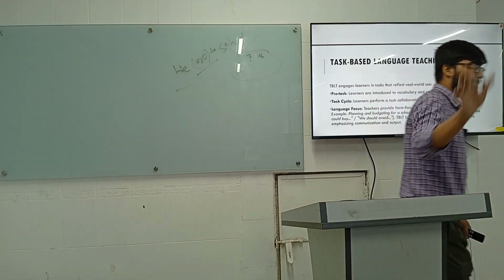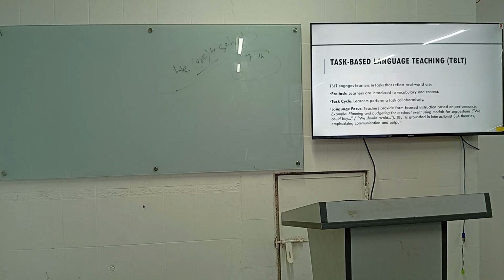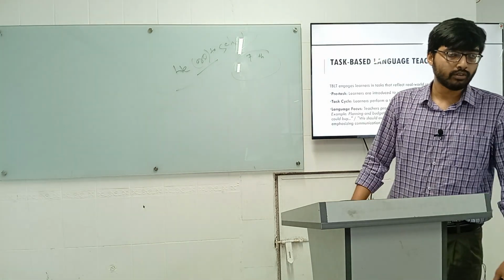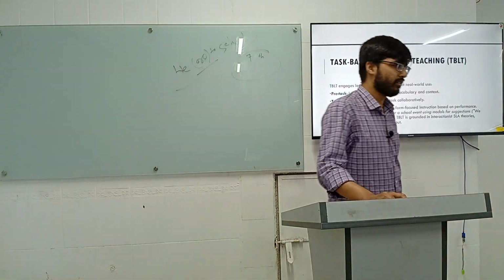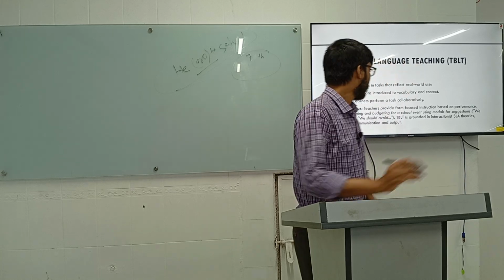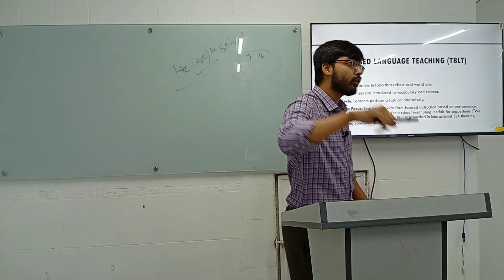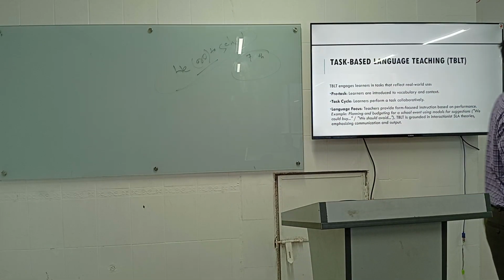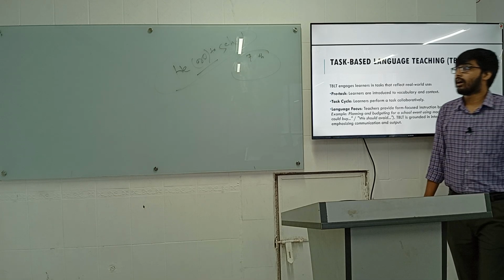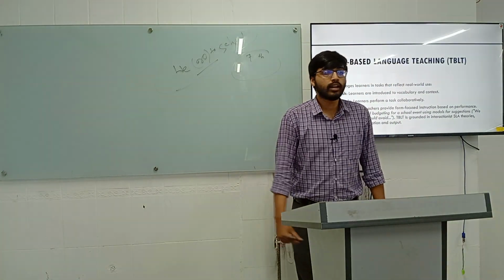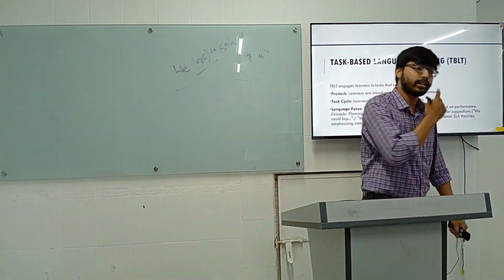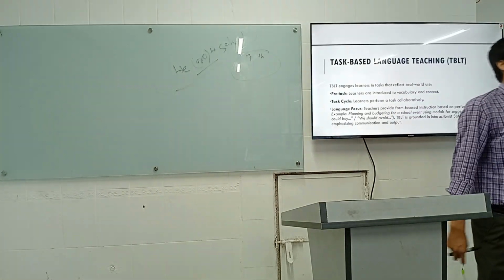if I want my students to learn how to write a meeting minute or order letter, then pre-task. Before doing any task, I would suggest my students, you have to learn these vocabularies. Number 1, order letter. Number 2, delivery date.